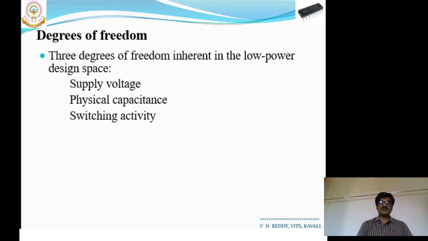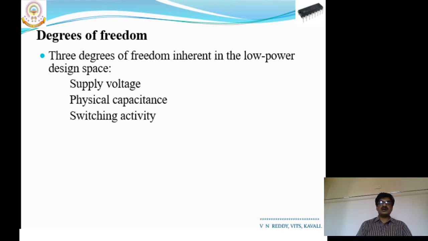By observing that formula, the dynamic power consumption is directly proportional to these three. If any one of these is reduced, automatically the dynamic power consumption is also reduced. Totally, the power consumption in MOS circuits or VLSI circuits can be reduced.